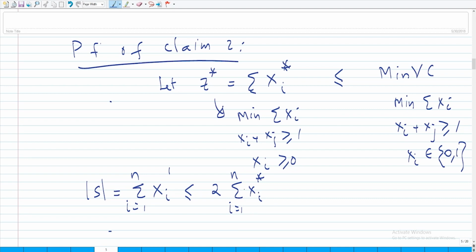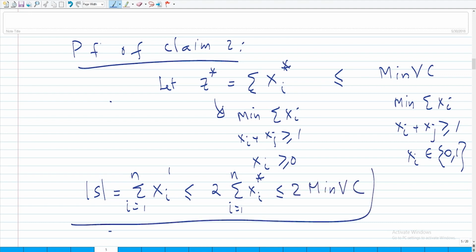Whenever x i star was greater than or equal to half, I made it 1, and whenever it was less than half, I made it 0. So, in the worst case, if everything was half, I have just made them 1. So, I would have at most doubled the summation. And summation x i star I just proved is at most the minimum vertex cover. So the size of S is at most 2 times the minimum vertex cover, and that is exactly what I wanted to show.